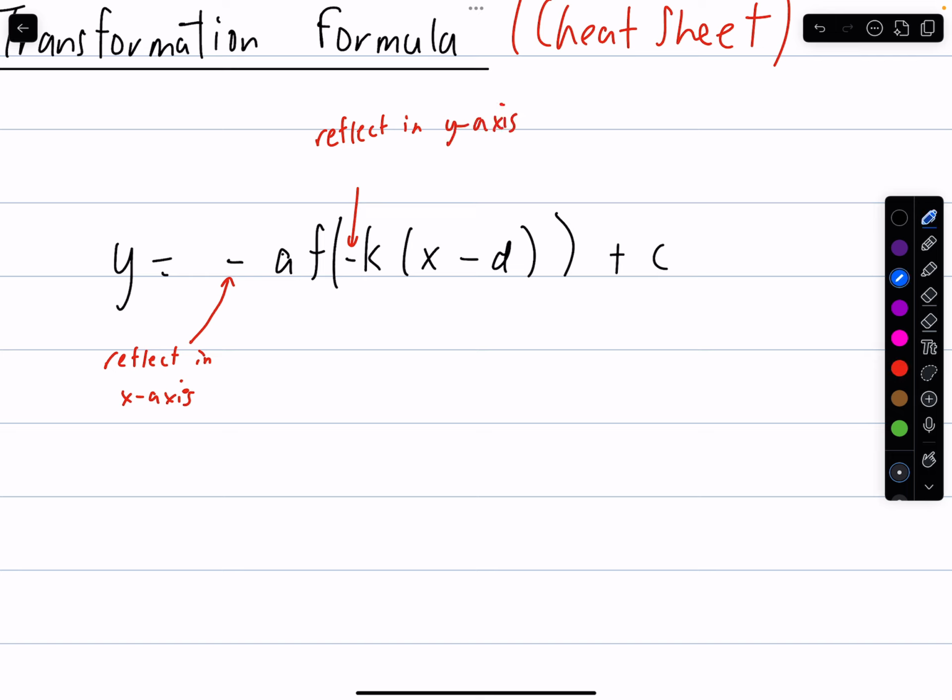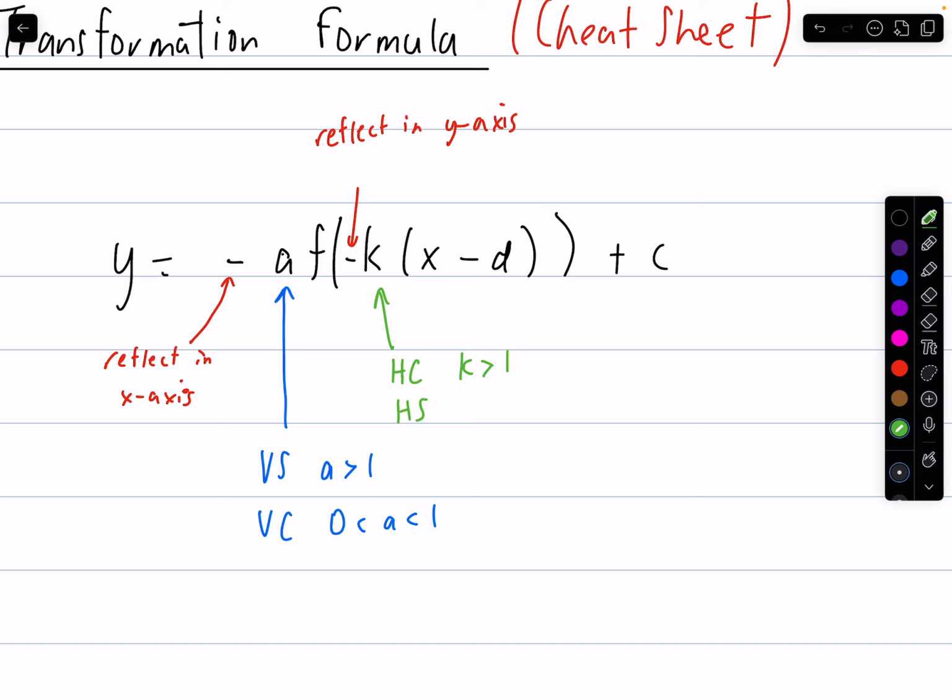Now let's look at some of the other transformations. The a value represents the vertical stretch when a is greater than 1, and a vertical compression when a is between 0 and 1. The k value represents a horizontal compression when k is greater than 1, and a horizontal stretch when k is between 0 and 1, by a factor of 1 over k.